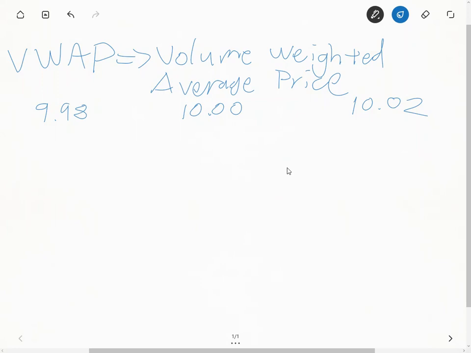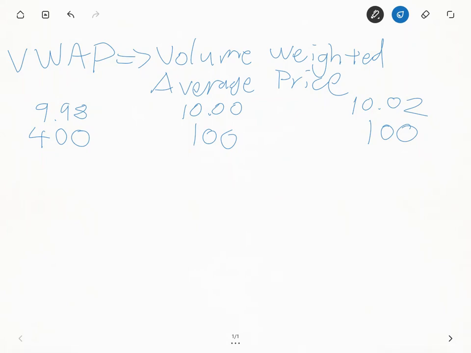But what about a volume-weighted average price? Well, let's say that there were 400 shares that traded at $9.98. Let's say there was 100 shares that traded at $10 and 100 shares that traded at $10.02.